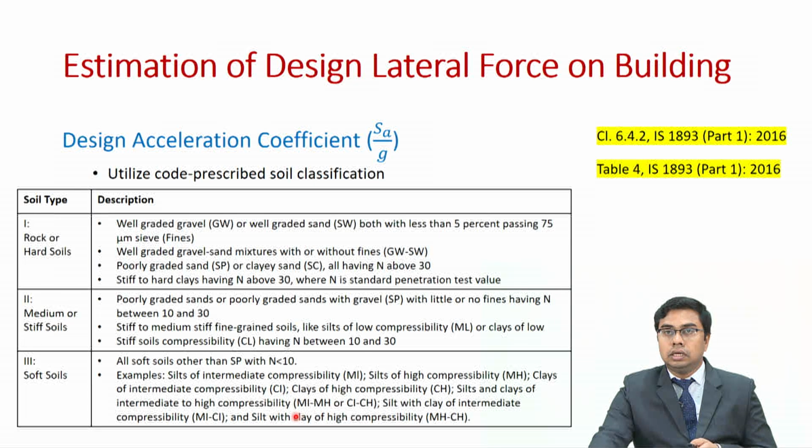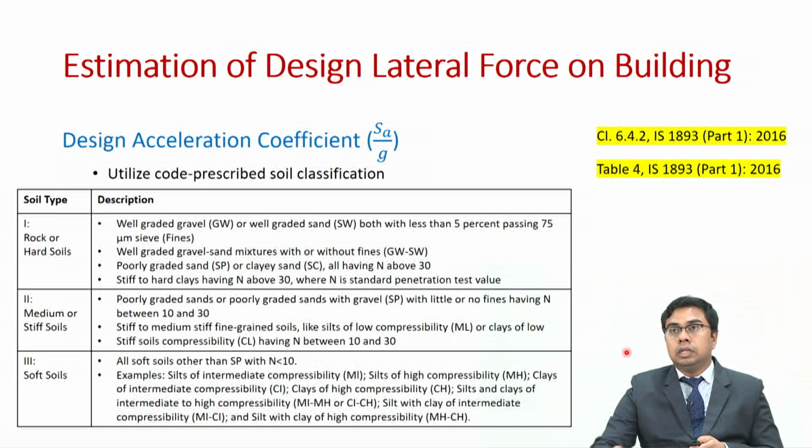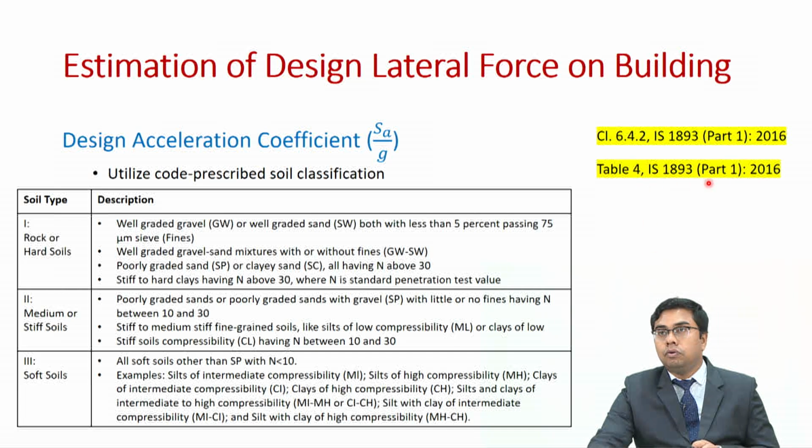Therefore, it is necessary to conduct a thorough geotechnical investigation of any site before we get into structural design for the building. Now this is obtained from table 4 of IS 1893 part 1 2016. You can have a look into the table of the code so that you get more familiar or understanding on the issue.